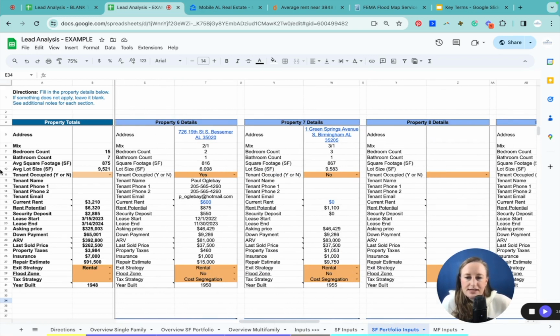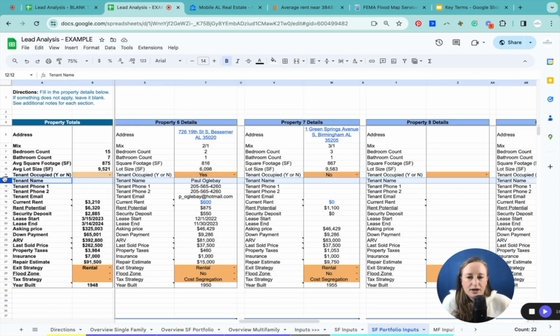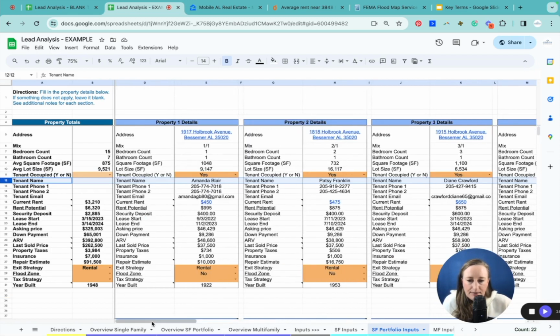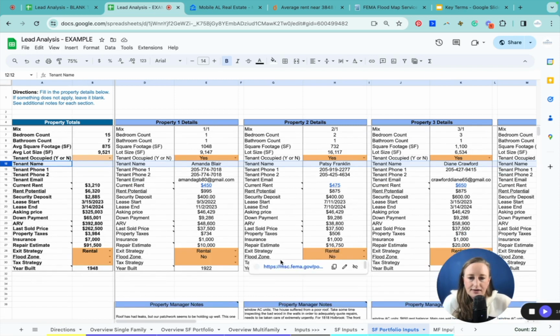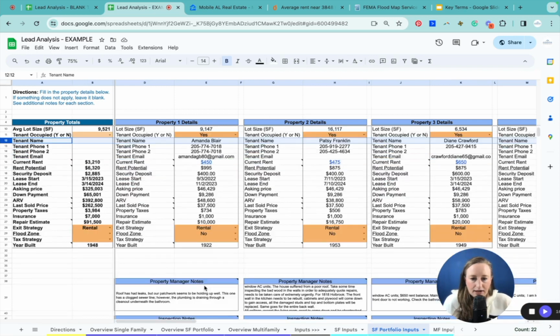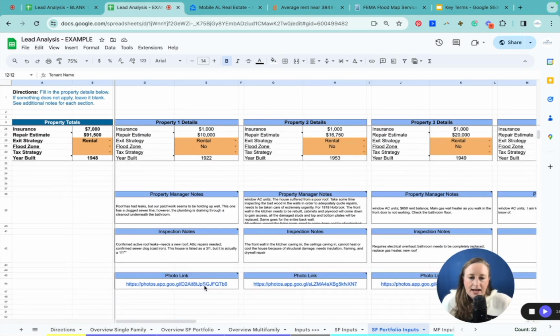Some differences here is that most of these were tenant occupied. So I did put in a lot of the tenant lease and rent information. And so I input all this quantitative data into this top part here. And then I also have a section for the qualitative data, just like the single family project.